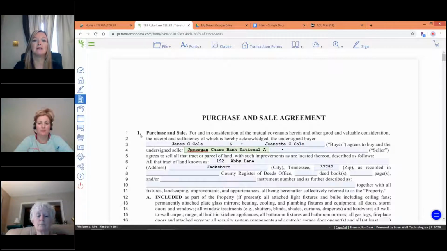I can tell you this, that on this particular seller, JP Morgan Chase, they are very particular about the J, the P, and the M. They determine their entities by if there are periods. So you can have a J period, P period, and then Morgan with a capital, and that is one whole entity of their bank. This is their USDA side, and the J, P, and the M are all together.